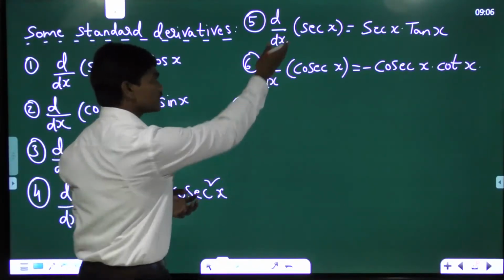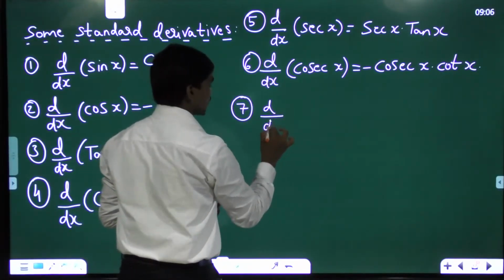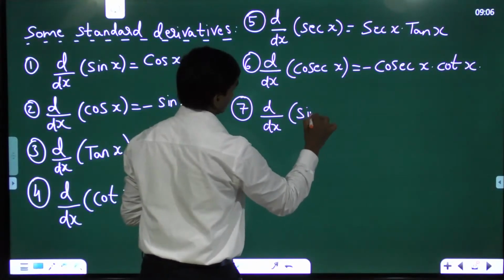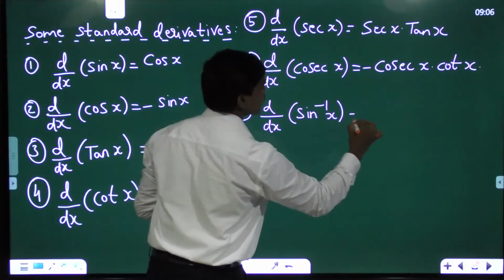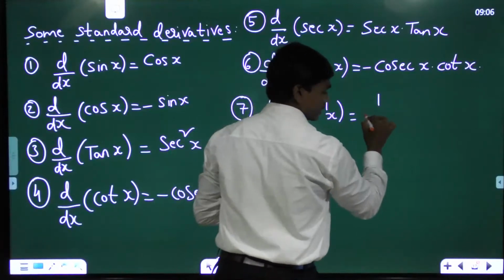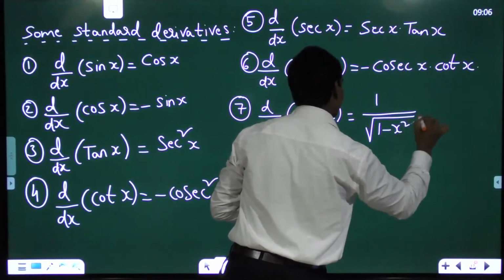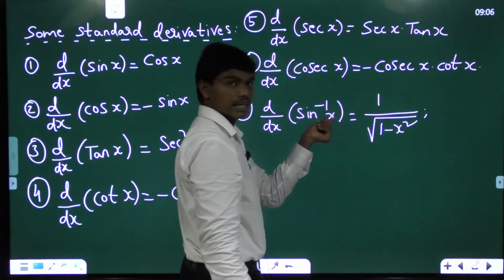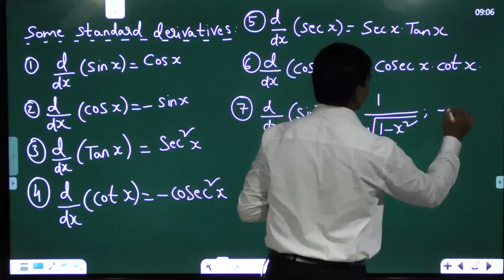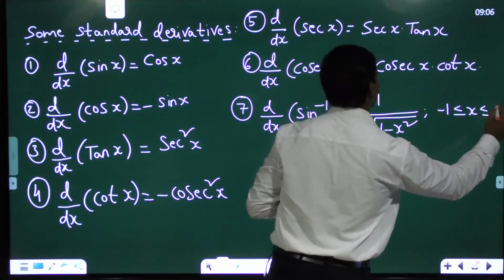Now let's go for the inverse functions of this. D by dx of sin inverse x is 1 by root of 1 minus x square. And of course, one thing is very clear. If you write sin inverse of something, this x always lies in between minus 1 and 1. Correct?